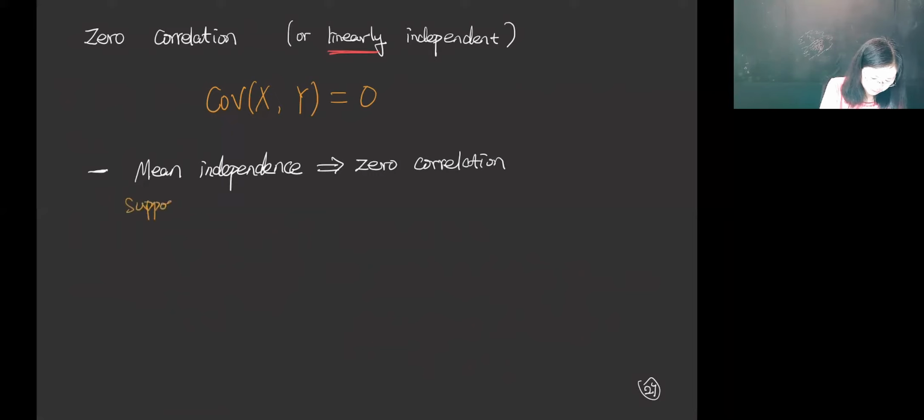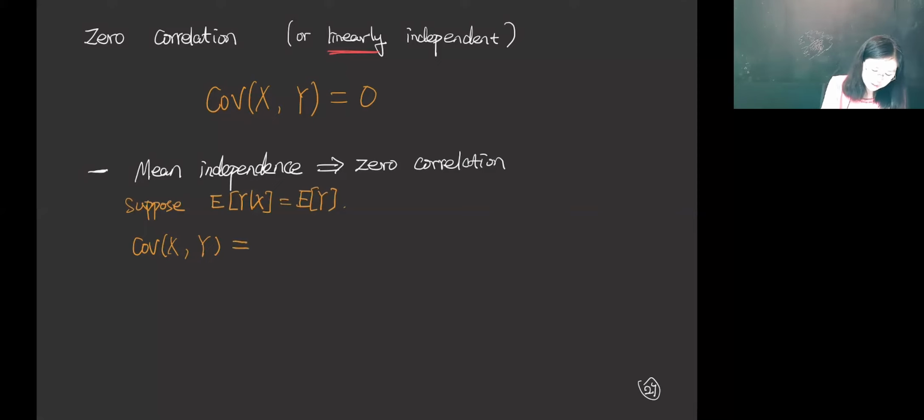Suppose E of y given x equals E of y. Now let's see whether the covariance between the two random variables is 0 or not.